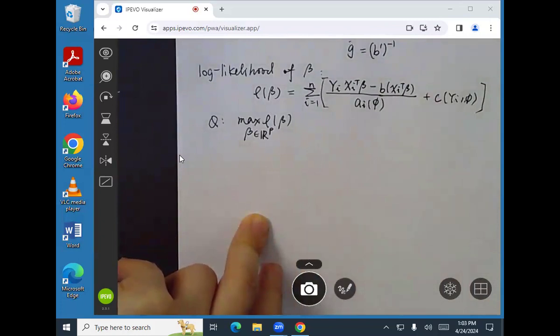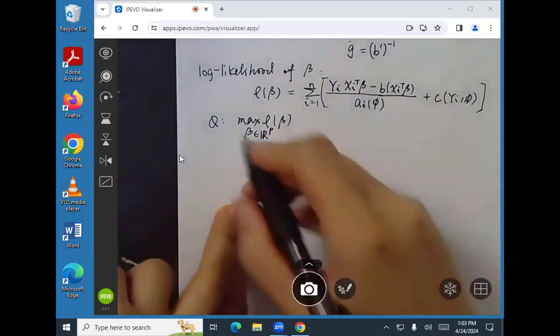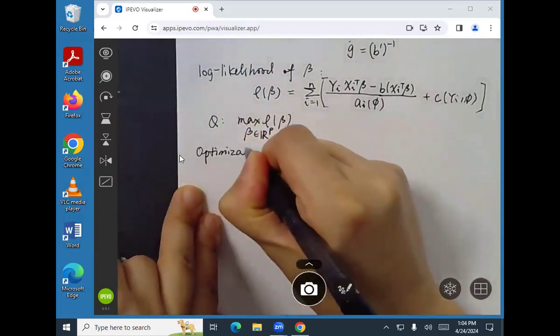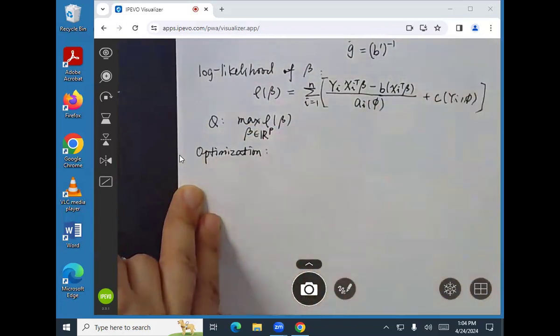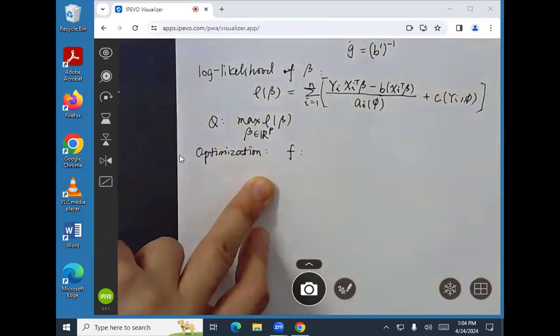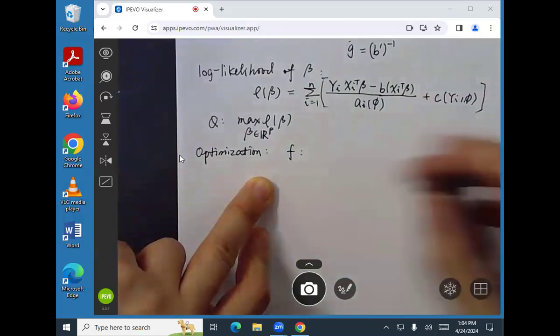So Newton-Raphson optimization is because of Taylor expansion on the gradient. That's the essence of it. So the reason is that we want to set the gradient to zero.